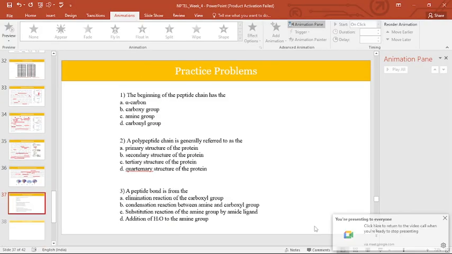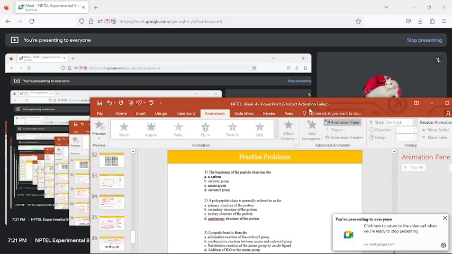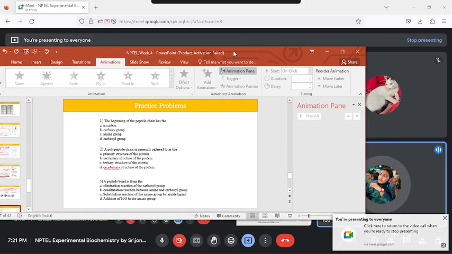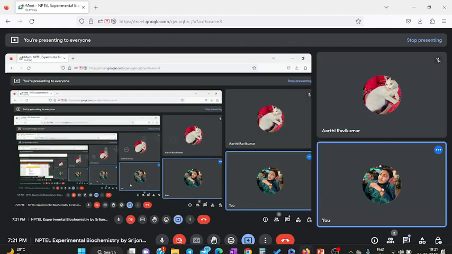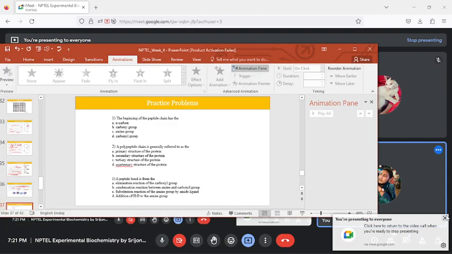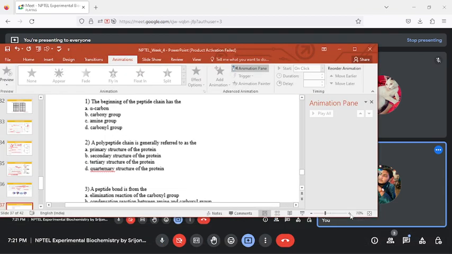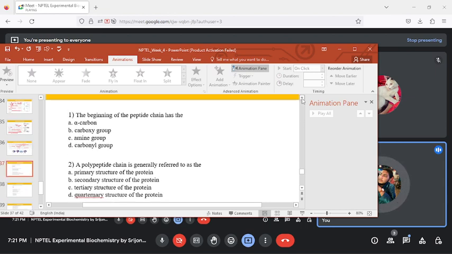Coming to the first question: the beginning of the peptide chain has the alpha carbon, carboxyl group, amine group, or the carbonyl group.